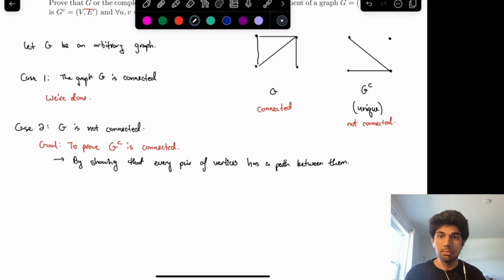If we can show that, then by definition, our graph is connected. So again, we have to show this for all pairs of vertices. We can handle this by considering an arbitrary pair of vertices. If we show it for an arbitrary pair of vertices, then it holds for all of these vertices.